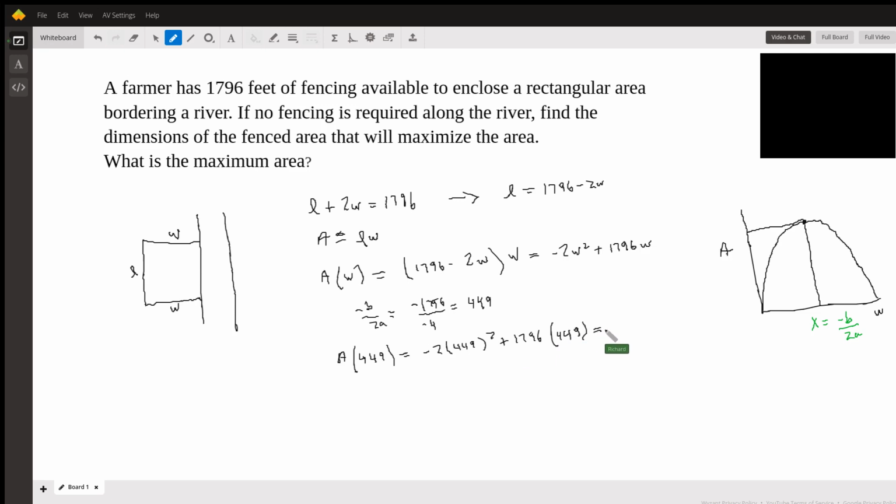And thank goodness for calculators. So this gives me negative 403,202 plus 806,404.